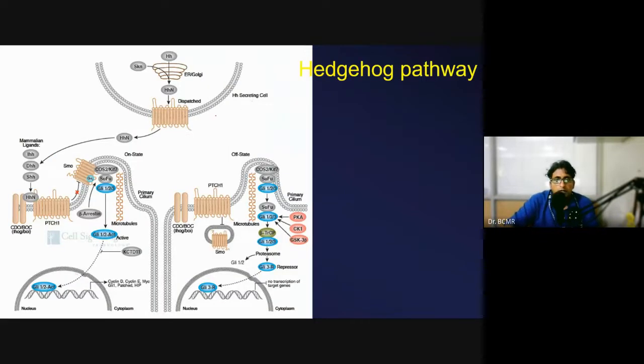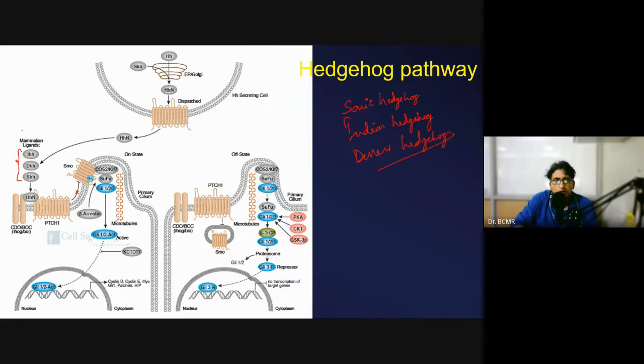So in hedgehog signaling, there can be three different types of signals. One of them is called sonic hedgehog, or Indian hedgehog. I'm actually ignorant about on what basis they name it. And then there is desert hedgehog.